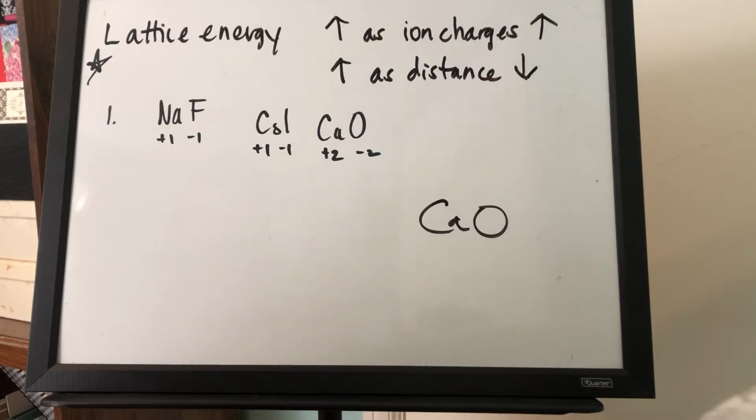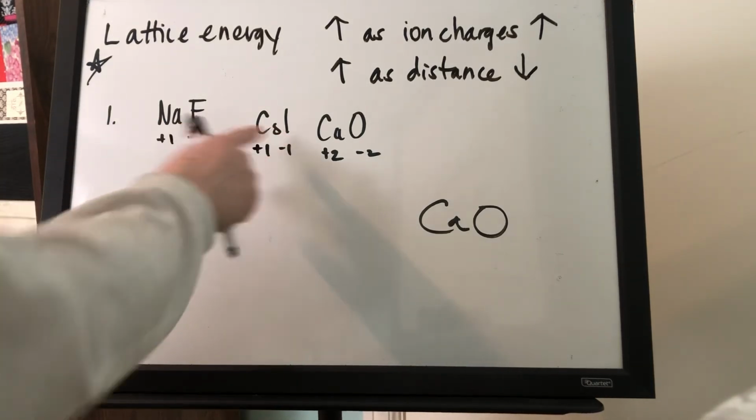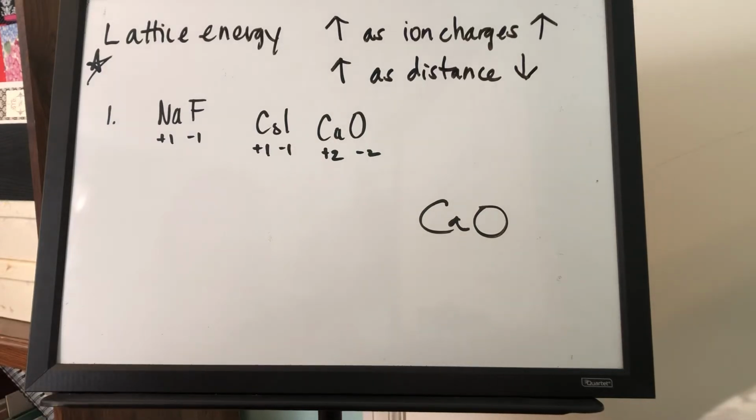But the issue now is the NaF and the CsI have the same charge. Only when the charges are the same are we going to look at the distance between the 2 ions. So we think about how Na compares with Cs and how F compares with I. Na is much smaller than Cs. Think about energy levels in your last chapter.